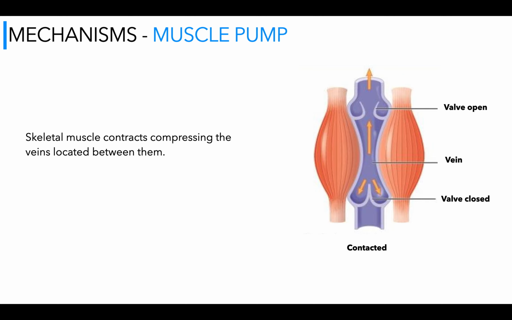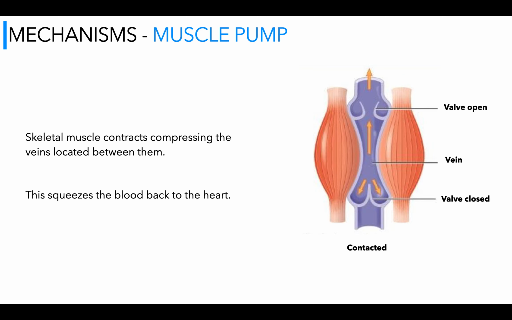When the gastrocnemius, for example, contracts, it compresses the veins located between them, and what happens is it squeezes the blood back to the heart. So this muscle contraction essentially compresses the vein and squeezes the blood back to the heart.